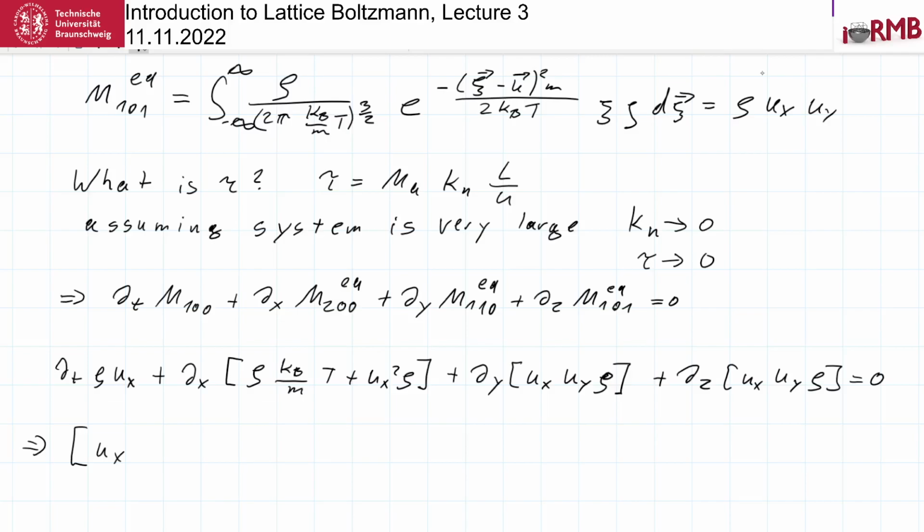So we take ux in front and have dt rho, which means we still have left, we have to keep in mind that we also have rho times dt ux from the chain rule, but this we keep in mind. I will write this later.